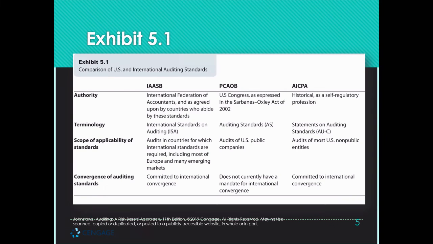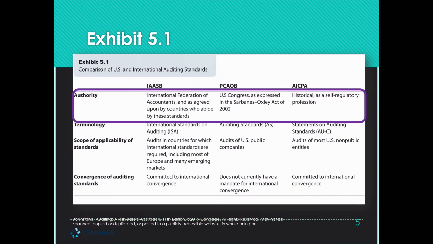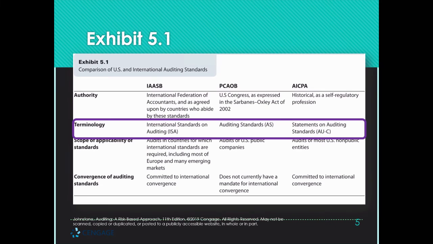So who has the authority of these different standards? For the IAASB, it's the International Federation of Accountants, and as agreed upon by the countries who abide by these standards. PCAOB is the U.S. Congress, as expressed in Sarbanes-Oxley, and the AICPA is the historical or self-regulatory profession, so us, the CPAs and the CPA firms.